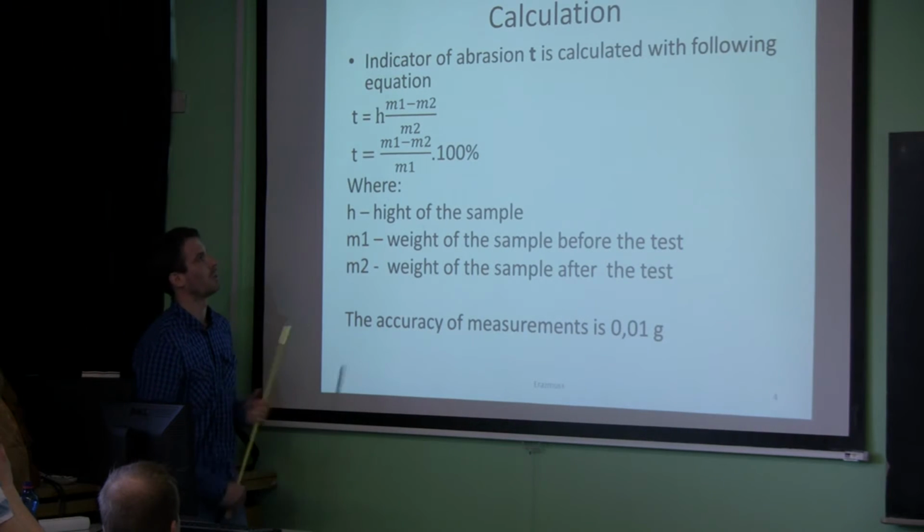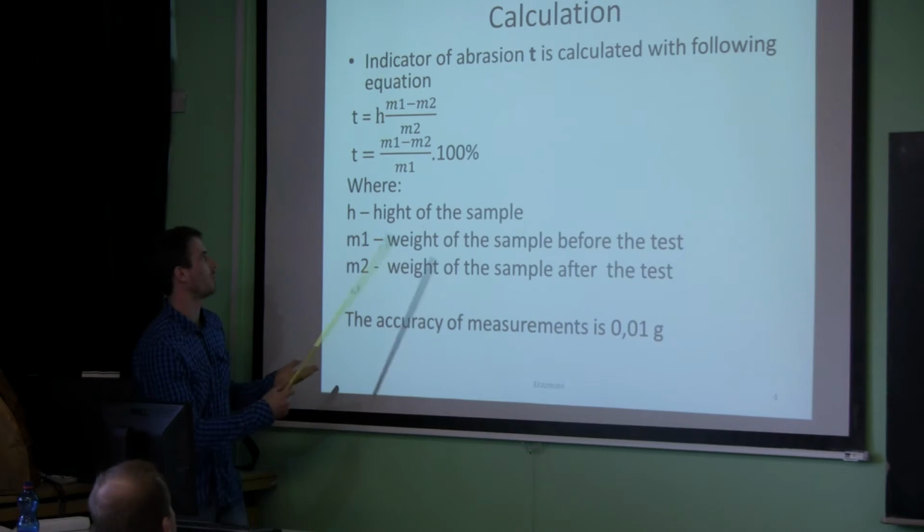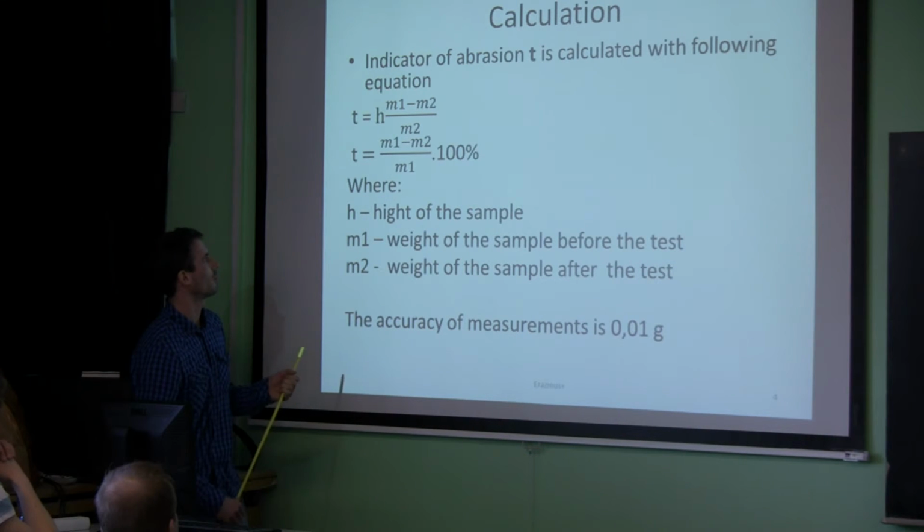And then we have some calculation. The indicator T is calculated with the following equation. We can express it as a number, or we can give the result as a percentage. It's a very simple equation: mass before, as I said, minus mass after. And here there is a mistake, sorry, it should be M1.